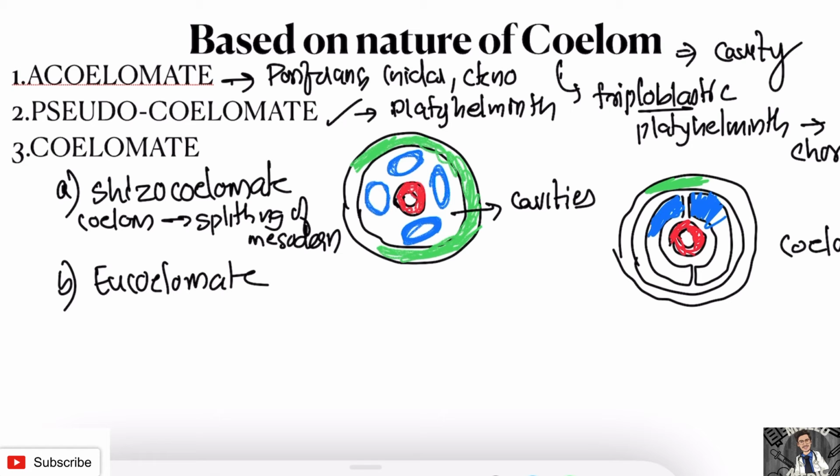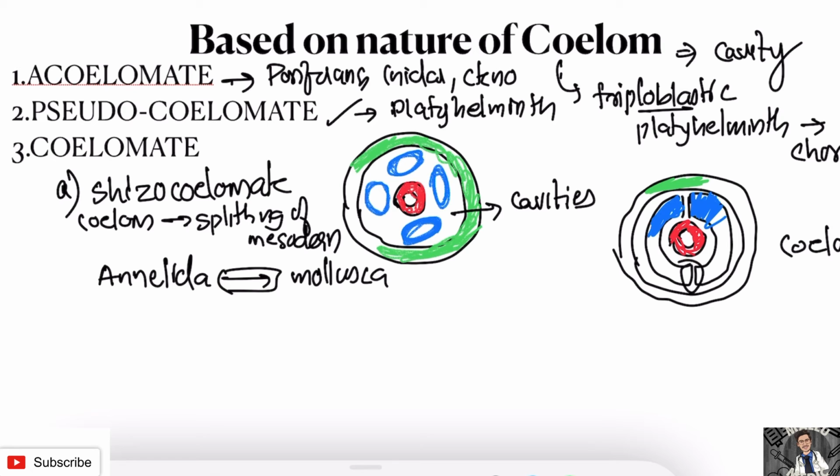So, what are the phyla belonging to schizocoelomate? Those are Annelida to Mollusca. See, you have to learn the names of the phyla because I am skipping a few phyla by giving this symbol. Annelida to Mollusca. So you need to remember there is Arthropoda in between. So Annelida, Arthropoda, Mollusca, they are schizocoelomate in condition because here coelom is formed by splitting of mesoderm. See, you can see it over here, right? The mesoderm is actually split.